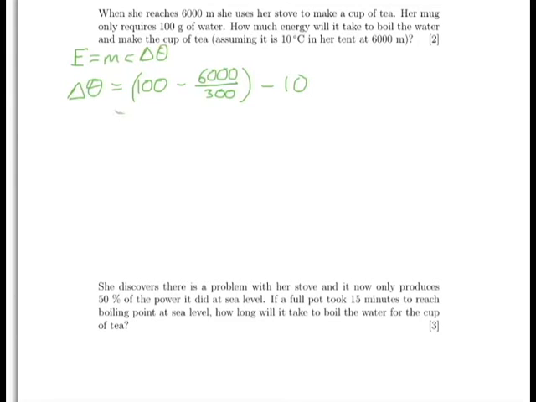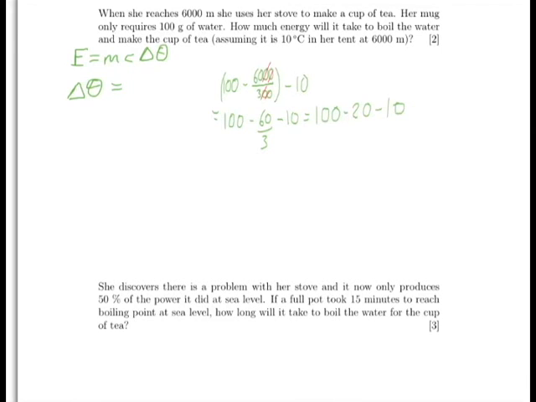Let's sort that out a little bit, so that becomes 100, take away and cancel some of these zeros. So that's 60 over 3. Take away 10, so that's 100, minus 20, minus 10. So the required temperature rise is 70 degrees Celsius.